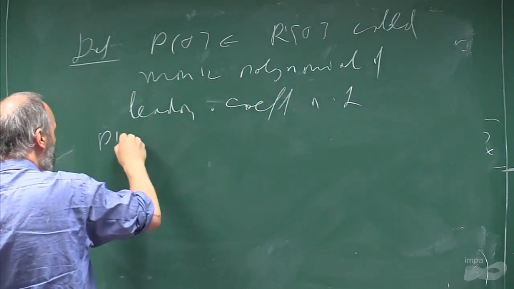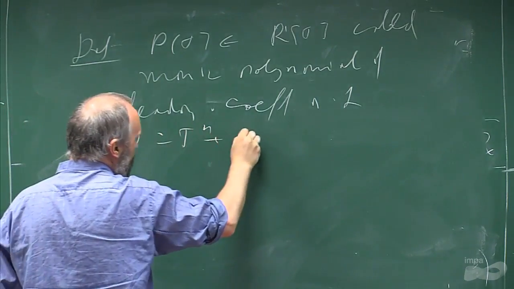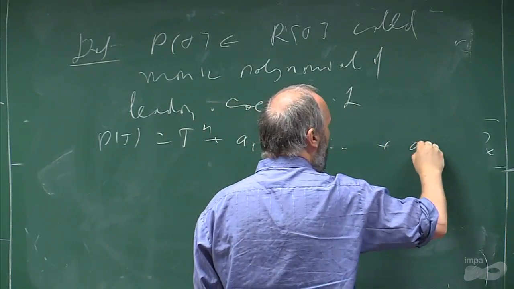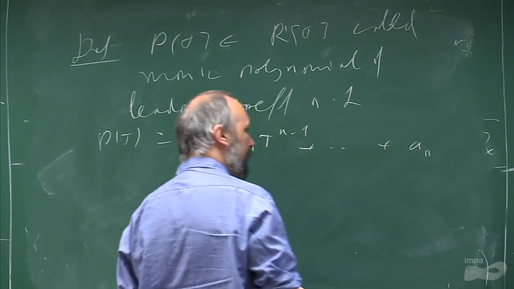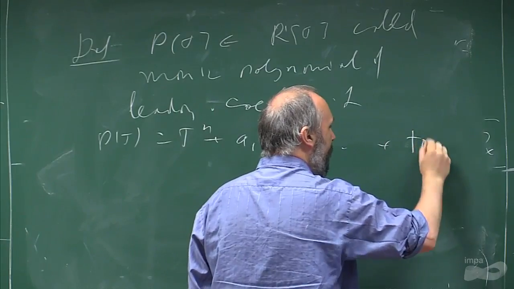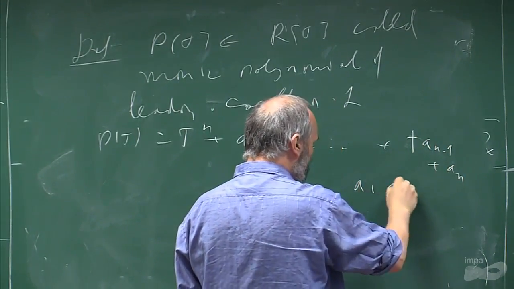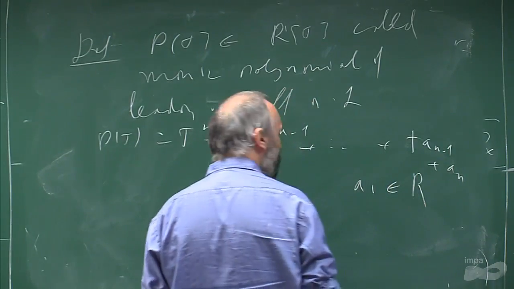This means that P(t) is t^n plus a_1 t^(n-1) plus and so on plus a_(n-1) t plus a_n, where a_i belong to your ring.